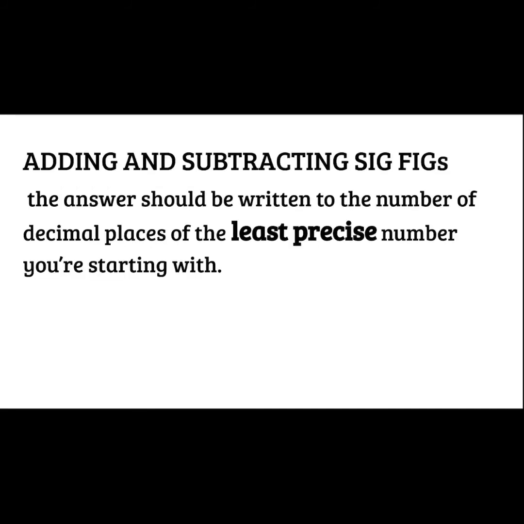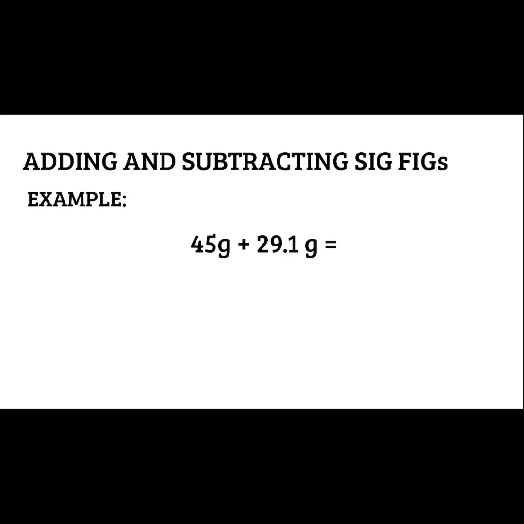Adding and subtracting sig figs. Whenever we do math and we add and subtract, the answer needs to have the correct number of significant figures. To figure out how many that is, for adding and subtracting, we take the least precise number. Right here, 45 is less precise than 29.1.